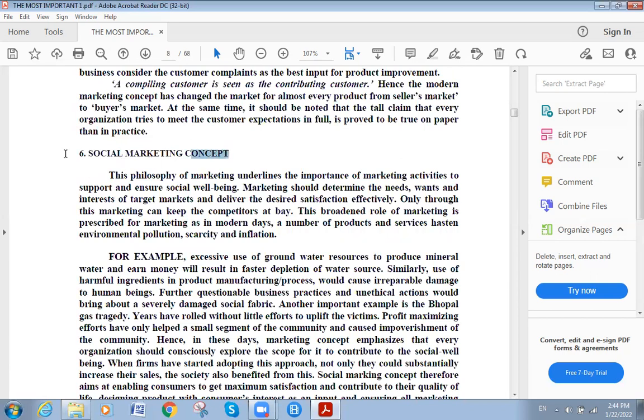We came later to the social marketing concept. And we knew from that the philosophy of marketing underlines the importance of marketing activities to support and ensure social well-being.